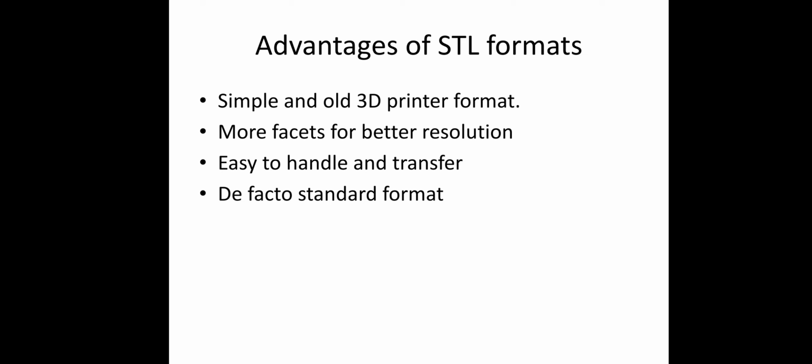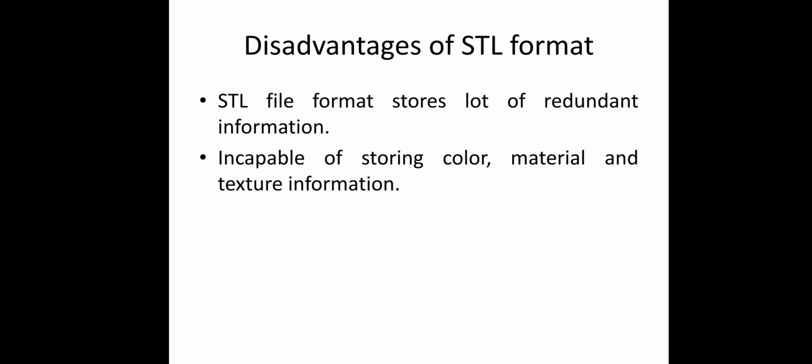Advantages of STL format: it is a simple and old 3D printer format, with more facets for better resolution, easy to handle and transfer, and it is the de facto standard format. Disadvantages of the STL file format: it stores a lot of redundant information. It is incapable of storing color, material and texture information.